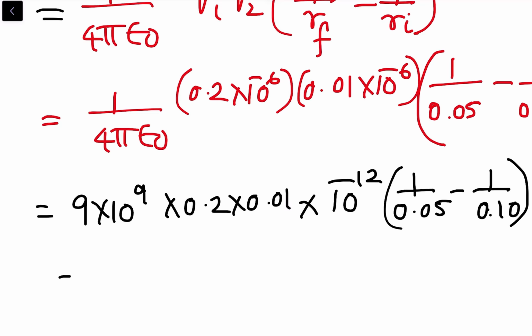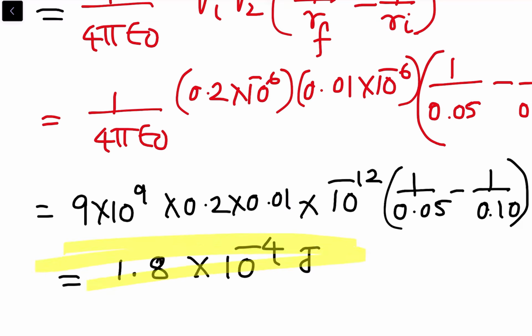Then we simplify it. I am not doing the calculations here, as it will take quite a lot of time. I have already calculated it, and it comes to around 1.8 into 10 to the power of minus 4 joules. This is the work done. So this is the answer for the first problem.